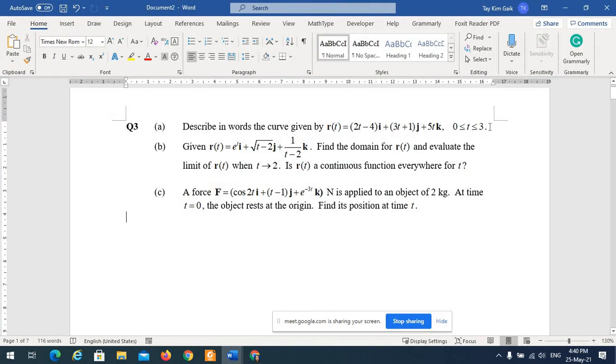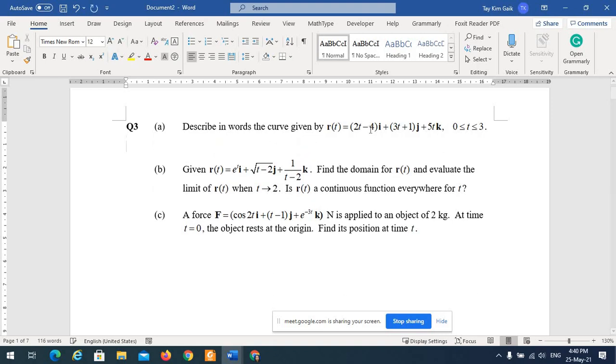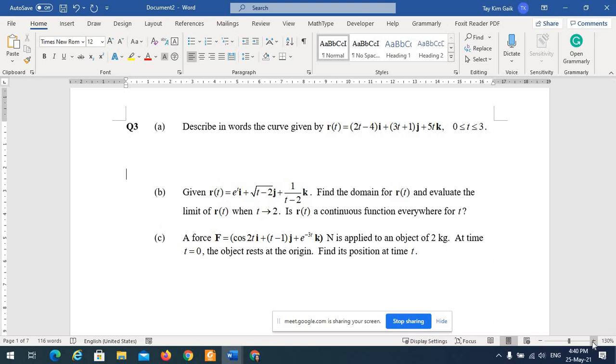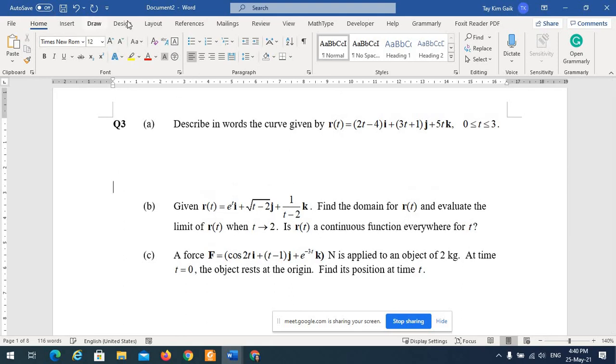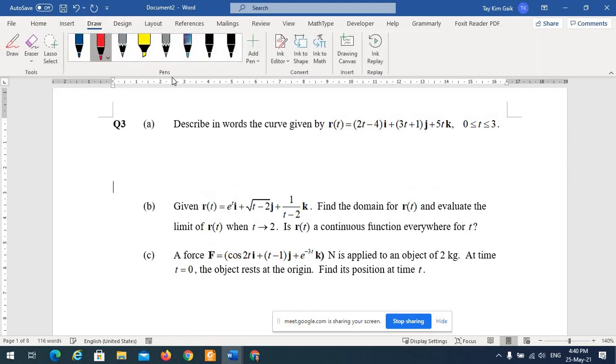So the answer is based on that first example. This one is a straight line passing through a point. You just change it: component i here, 2t minus 4, is the same thing. Let component i equal x. So x is actually negative 4 plus 2t. y is 1 plus 3t.